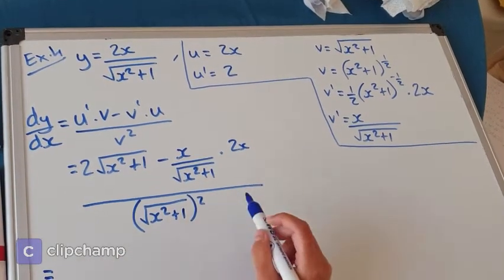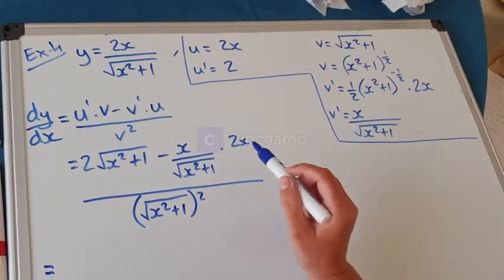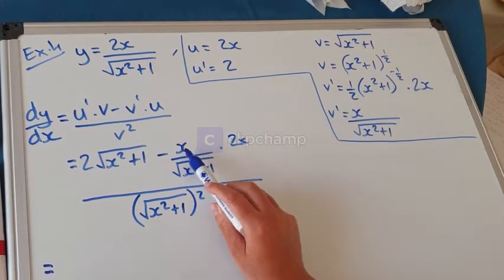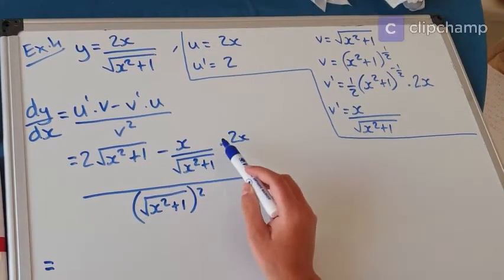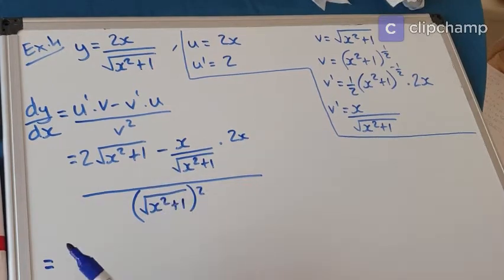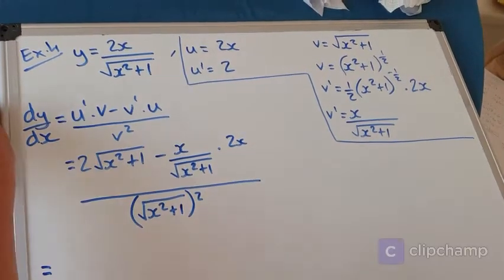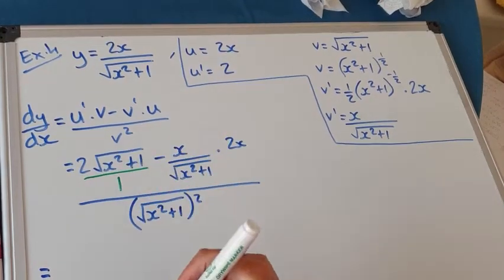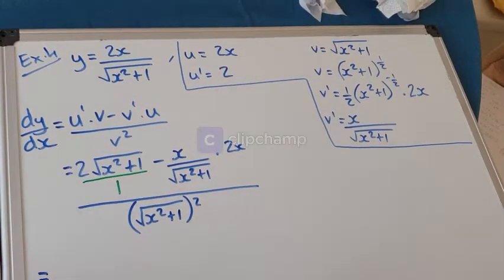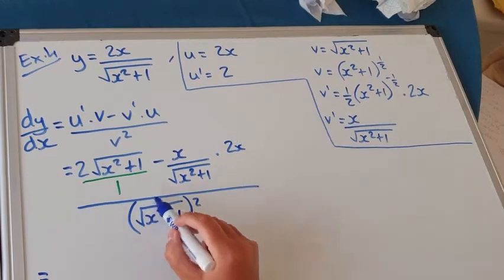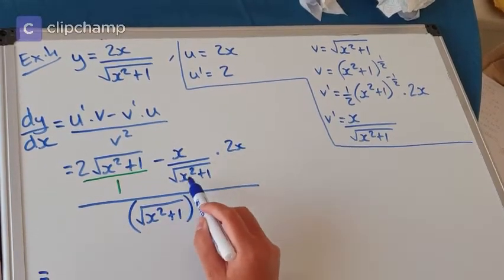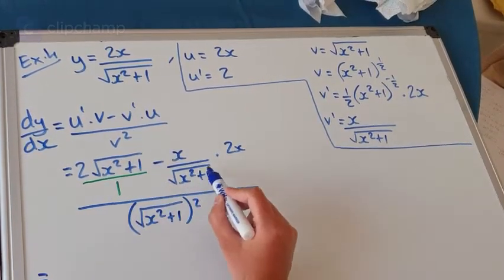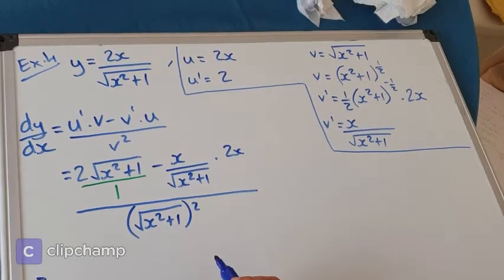Now, let me tidy this up a wee bit. We're obviously going to take away 2x squared on the top here, but we want it over a single fraction, so I'm going to think of this part as being over 1. And again, if I do a smile and a kiss, I'm going to multiply this part by another root x squared plus 1.